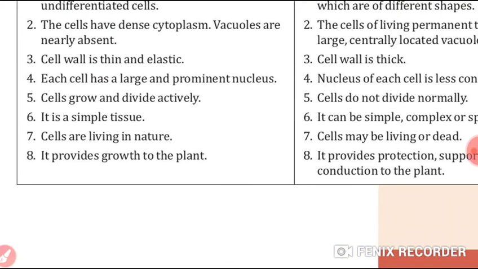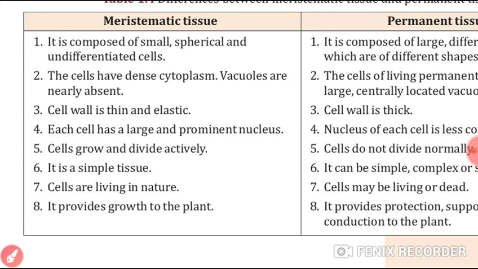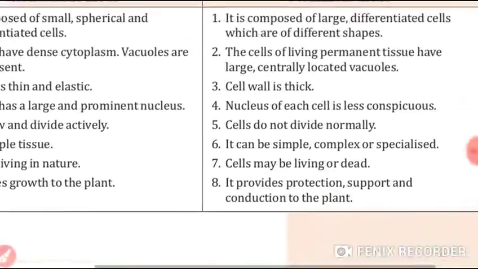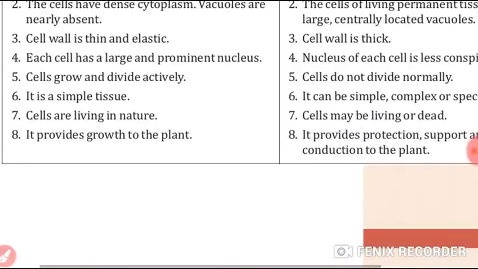Now, the cell wall. The cell wall of meristematic tissue is thin and elastic, while in permanent tissue the cell wall is thick.